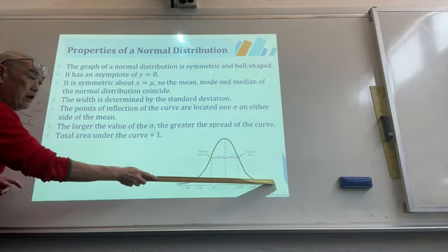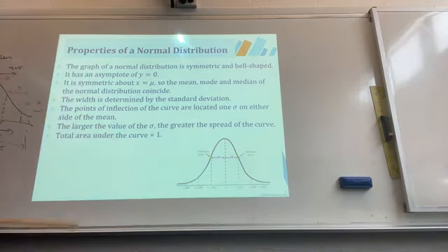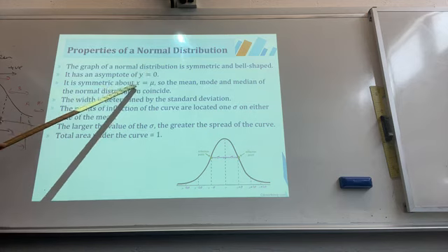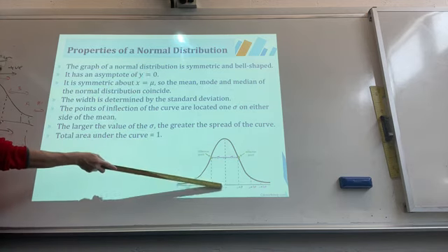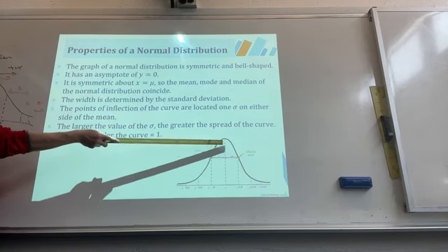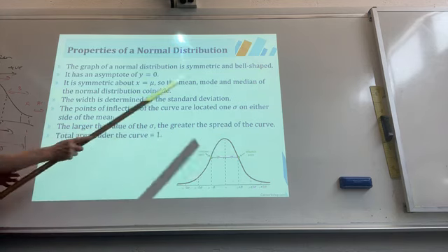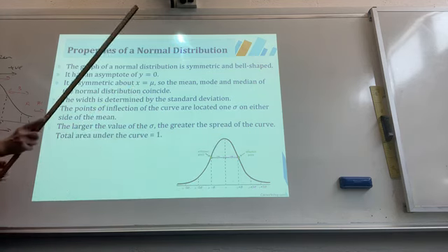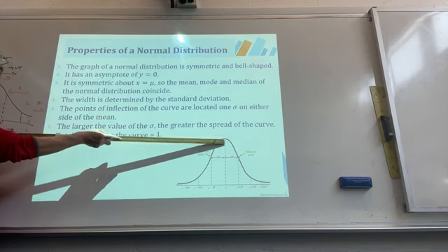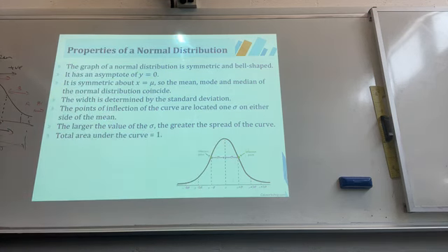So it will go on and on and on, but it will never cross your x-axis, y equals 0. Symmetrical about x equals mu. I read the wrong thing earlier. So I could use mu or 0 here. If I use standard score, this will be symmetrical about 0. But if I don't use standard score and I use the data, it will be symmetrical about the mean.